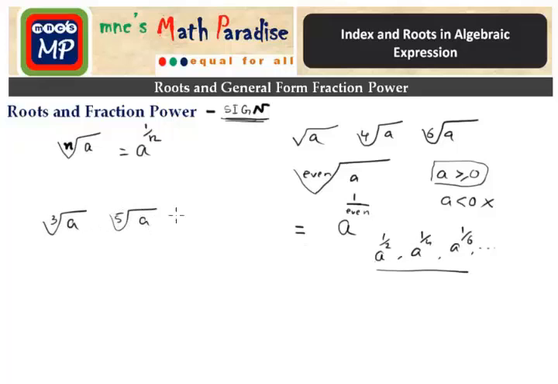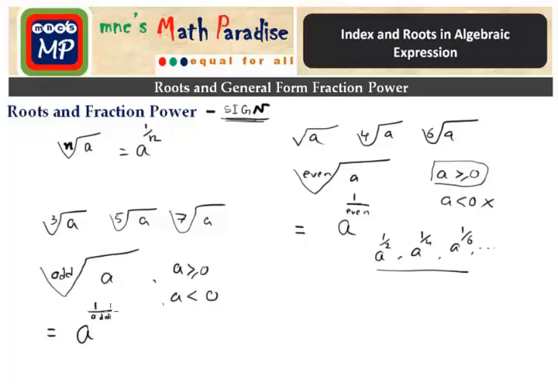Similarly, we know that cubic root, fifth root, seventh root, that is any odd root, is possible for both positive and negative values of a. Therefore, since this is equivalent to a to the power 1 divided by odd, if the fraction power is 1 by odd, like a to the power 1 by 3, a to the power 1 by 5, a to the power 1 by 7, and so on, these values are possible for both positive and negative values.